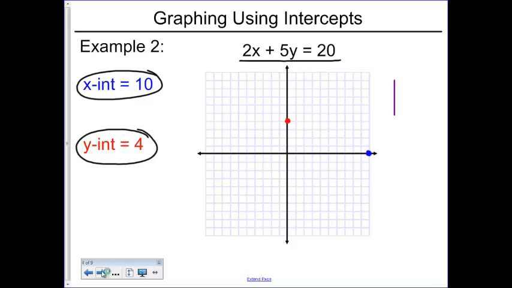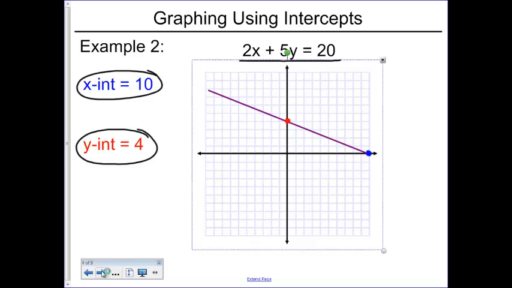And any 2 points can determine a straight line. So all I got to do is take my straight line, put my first point here, take my other point, stretch it so that it goes through the point 0, 4, and that actually is my line, and I can actually take the other end of this line if I want and stretch it a little bit farther. And graphing using intercepts is really that easy.